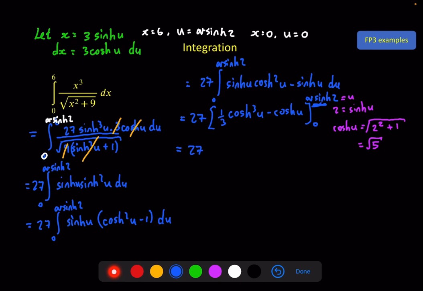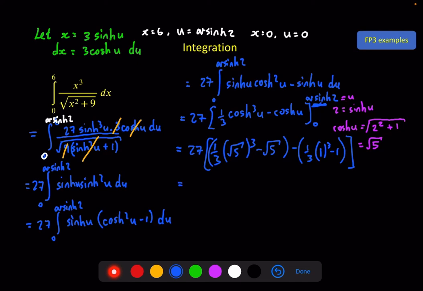So 27 times 1/3 of root 5 cubed minus root 5 minus 1/3 cos of u when u is 0, I know that that is 1, minus 1. Whew.